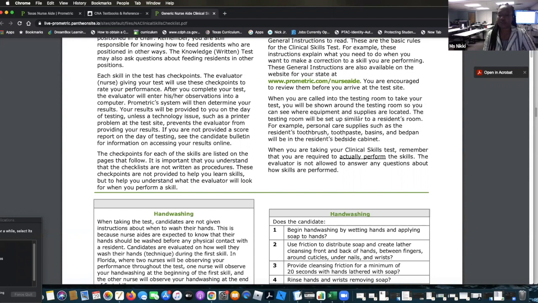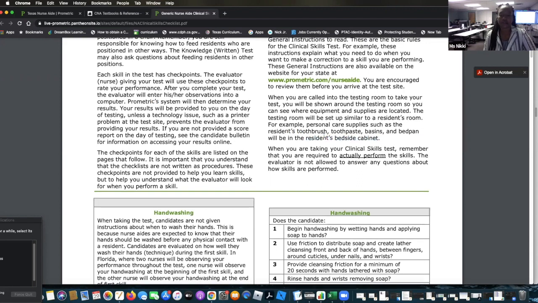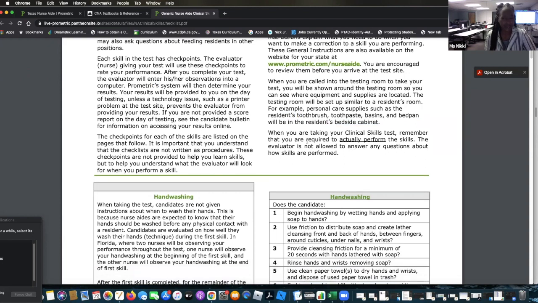The testing room will be set up similar to a resident's room. For example, personal care supplies such as the resident's toothbrush. I might ask you this question. Resident's toothbrush, toothpaste, basins, and bedpan will be at the resident's bedside cabinet. So there's a little bedside table, like a nightstand, where these things will be placed. And that makes sense.